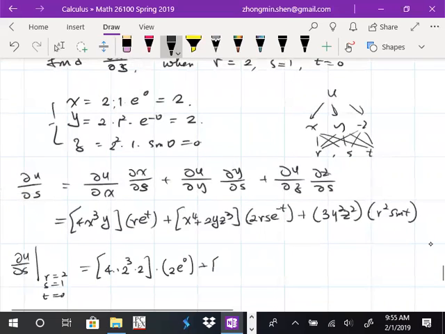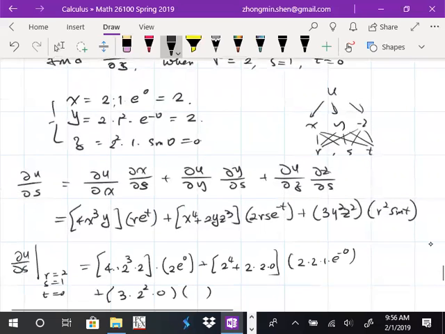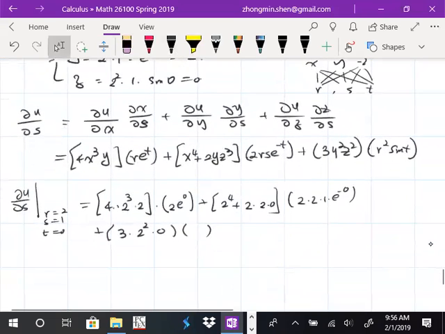And here x is going to be 2 to the fourth power, 2 and 2. z is going to be 0, so don't worry about the third term. 2, 1, e to the negative 0. And the third term is 3, 2 squared, z is 0, so don't worry about the third term. And then you can simplify it.